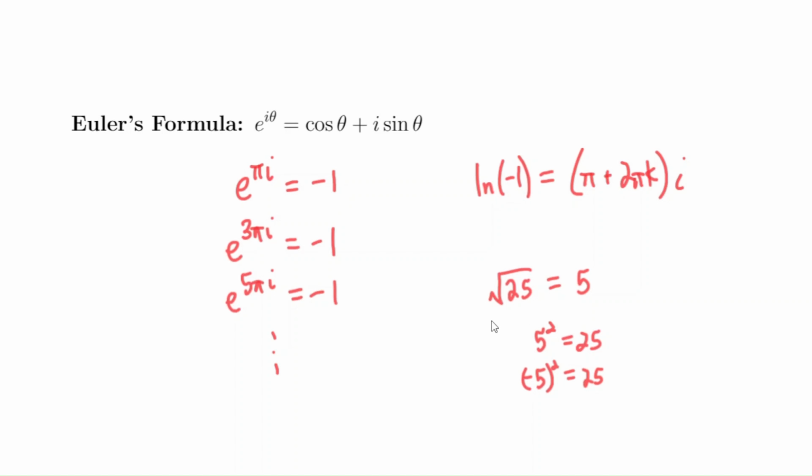We just by convention say that the square root of 25 is 5, but there's really two different possible numbers that if you square them, you get 25. So same thing with natural log of -1. There are multiple different values of natural log of -1. In fact, not just two of them, infinitely many of them. And this is really a property of the complex logarithm function, that it is multi-valued.